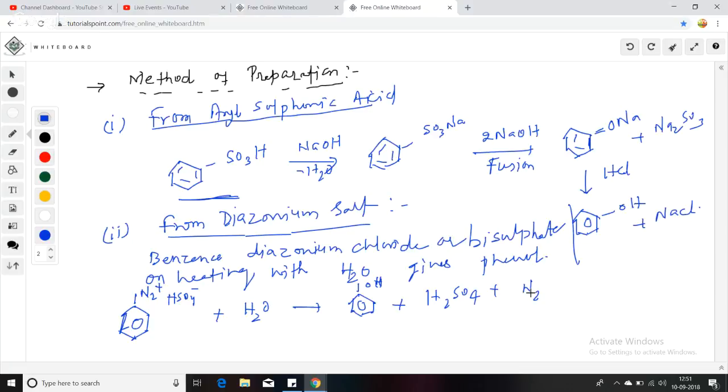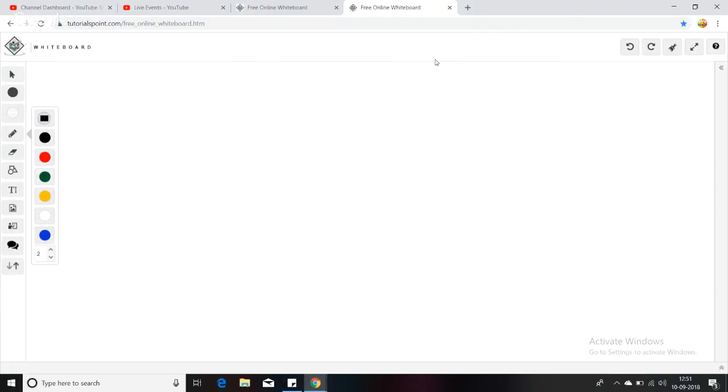Now the next method of preparation, the third one, is phenolic acid with soda lime, NaOH.